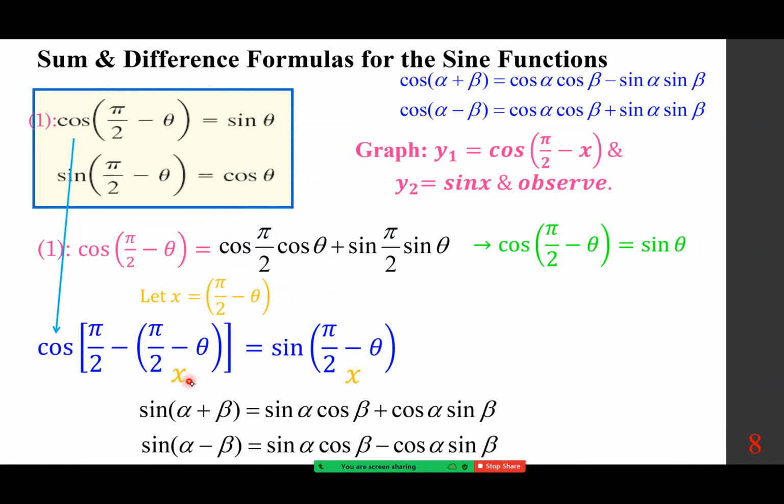This is x, this is x. And then pi over 2 minus pi over 2 cancel each other, minus and minus, plus theta. So this is cosine theta. And that's the proof of number 2. Number 2 has been proved.